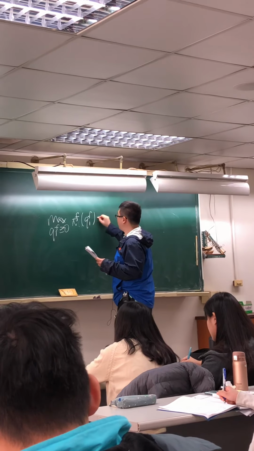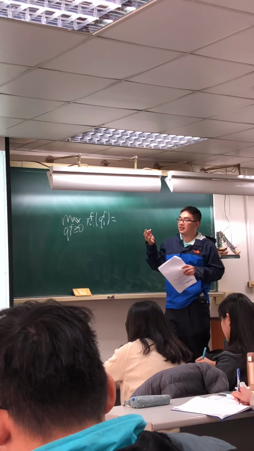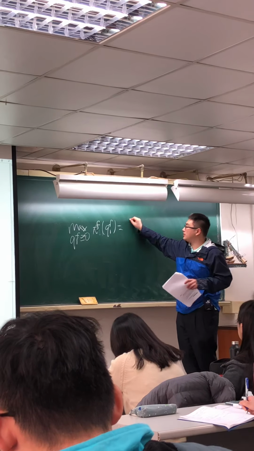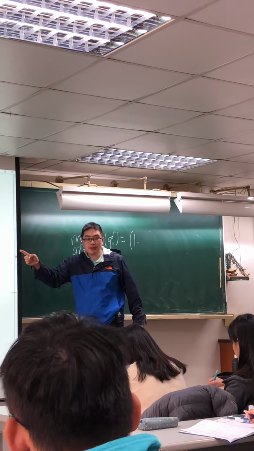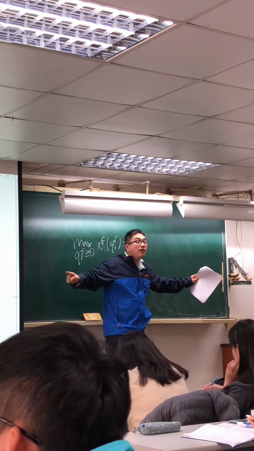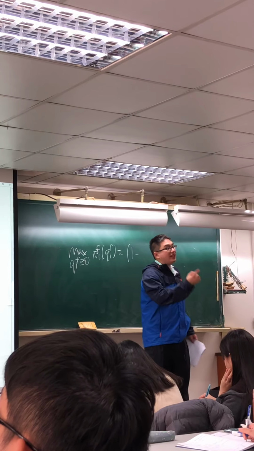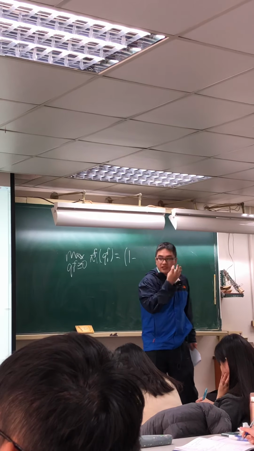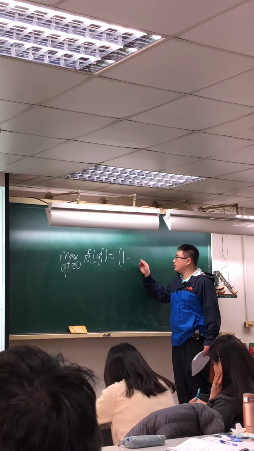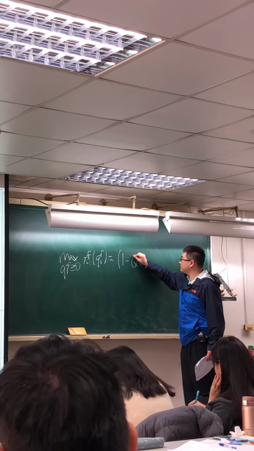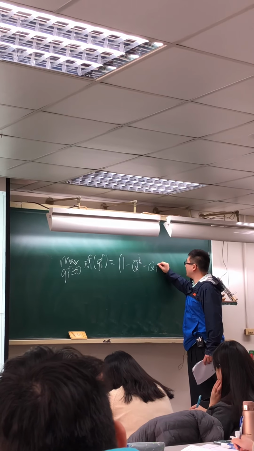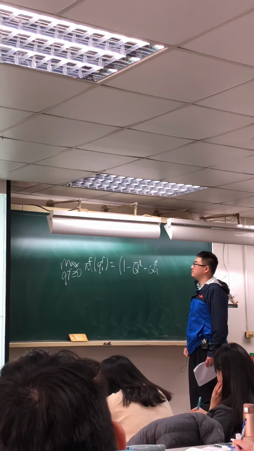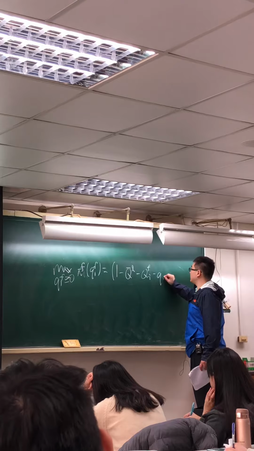Now, what is the inverse demand function? It's 1 minus capital Q. Now, capital Q is the output of all the firms in the economy. What are these firms? First, you have the output of all leaders, and you have the output of all the other followers, and you have the output of yourself.